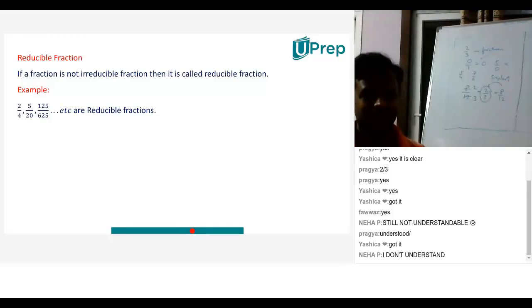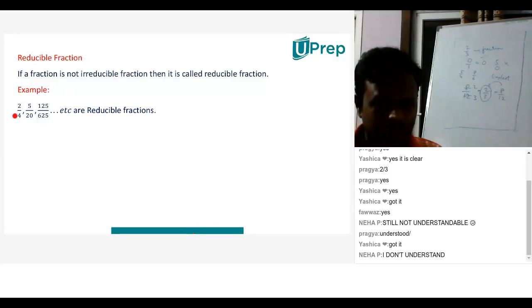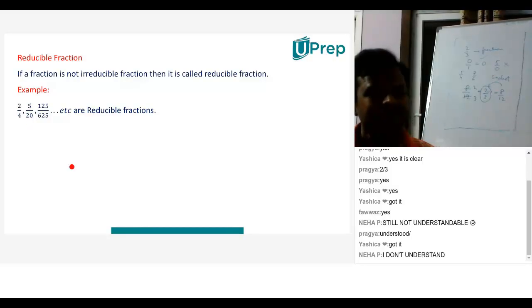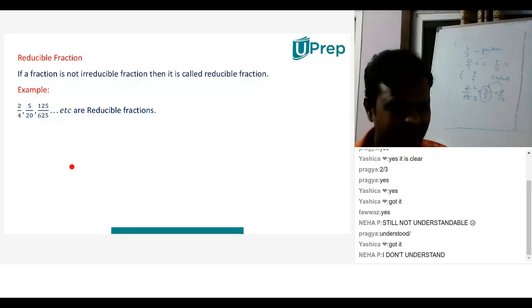Now I have already given you the example for a reducible fraction in the form of 8 by 12. Here you have other examples. If you see 2 by 4, here the common factor is 2 as well as 1, isn't it? For 5 and 20, you have common factor 5 and 1. Yes, Yashika, so we are dividing it to the simplest.